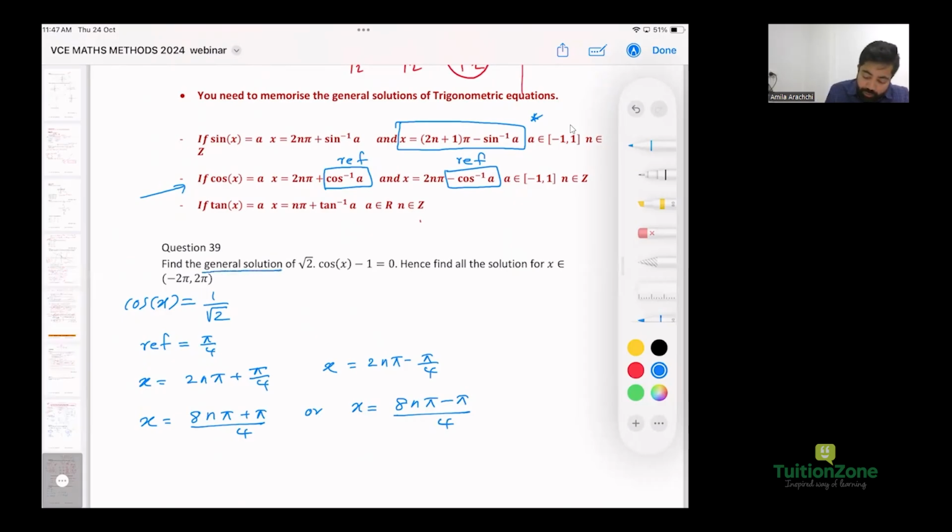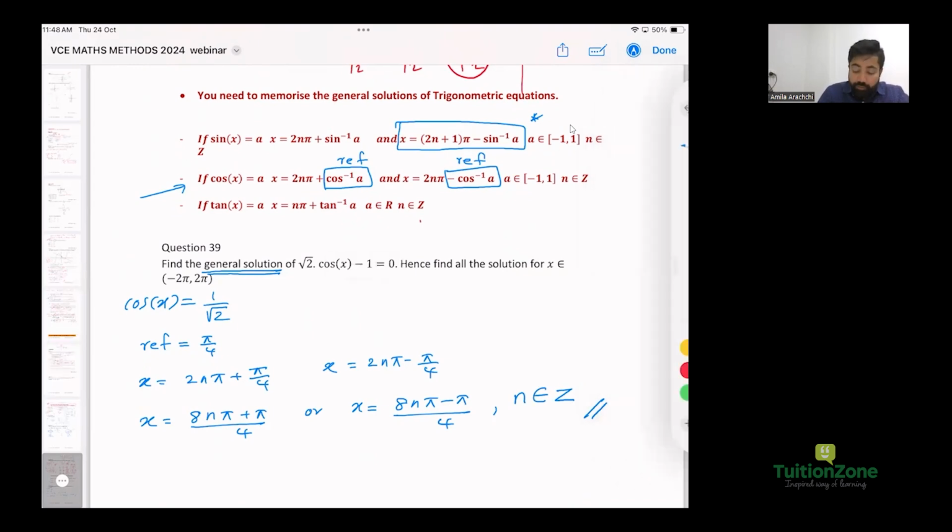And don't forget right at the end, n is an element of Z. You should write that to get the full marks. What Z means? Integers. It only subs n values as the positive or negative whole numbers, including 0.